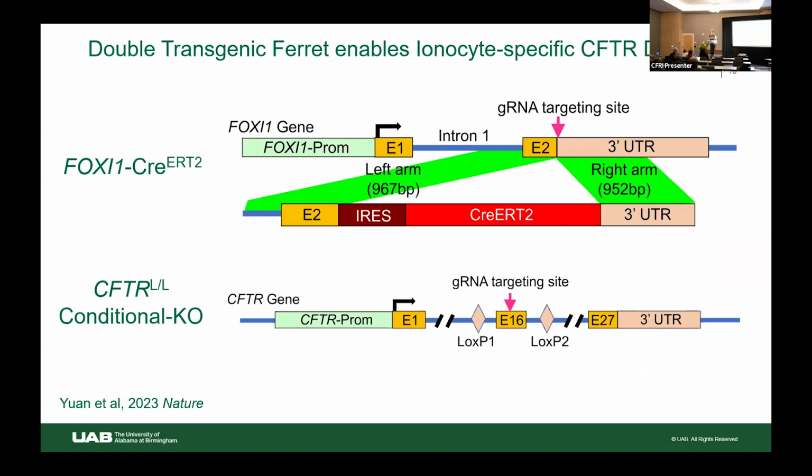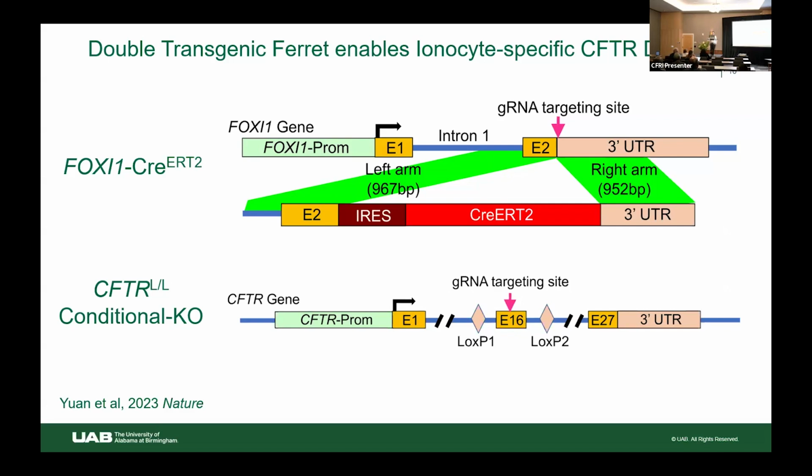One is the FOXI1-CreERT2, in which we insert the CreERT2 into the 3' UTR of the FOXI1 gene. So this is an ionocyte reporter ferret strain. And the other one is the CFTR conditional knockout. We flox one of the CFTR exons, which is exon 16.